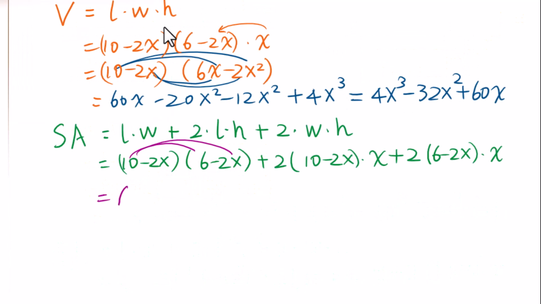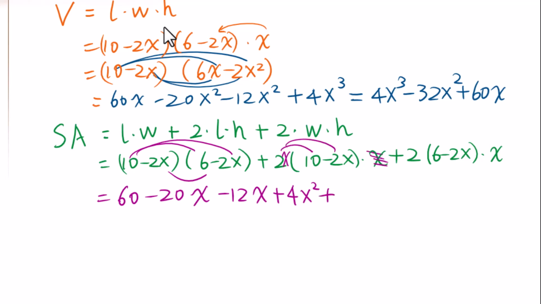FOIL. 60 minus 20x, negative 12x plus 4x squared. 2x times (10 minus 2x): plus 20x minus 4x squared. Same thing here. 2x times 6 is plus 12x minus 4x squared.